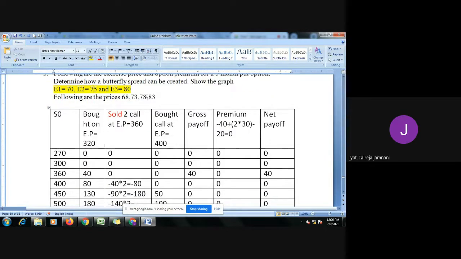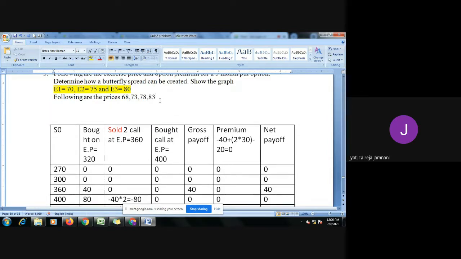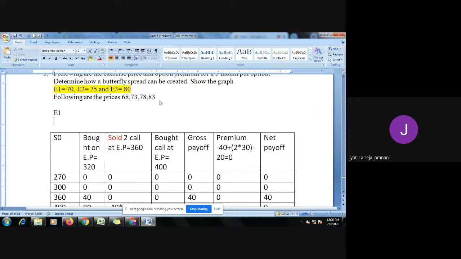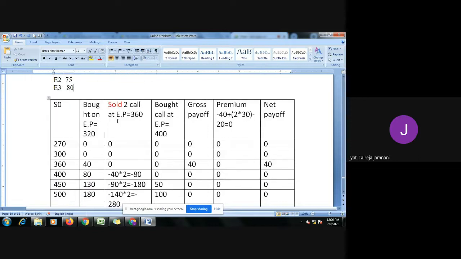So I had told you two things to observe. There are two things that we can do. E1, E2 and E3 are the three prices. We can buy at middle price, sell one at upper and lower, or we can sell at middle and buy one at upper and lower.